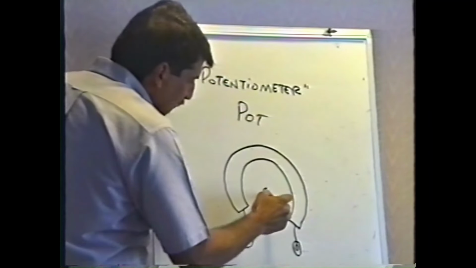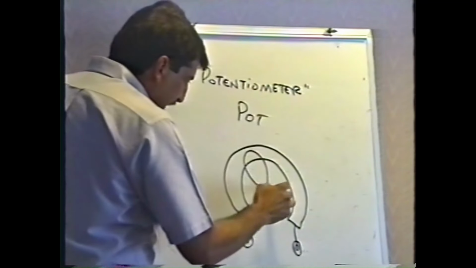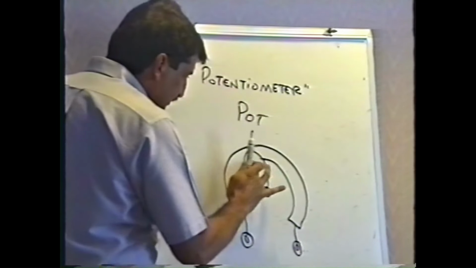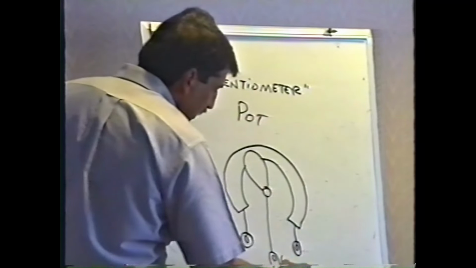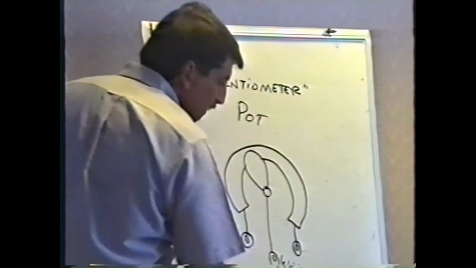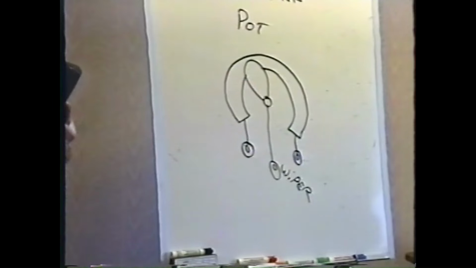Then the wiper, which is the thing that you turn, actually is touching the resistance element as I showed you earlier. That goes to the 3rd lead. Again, it's called the wiper of the potentiometer. And here's how it works.